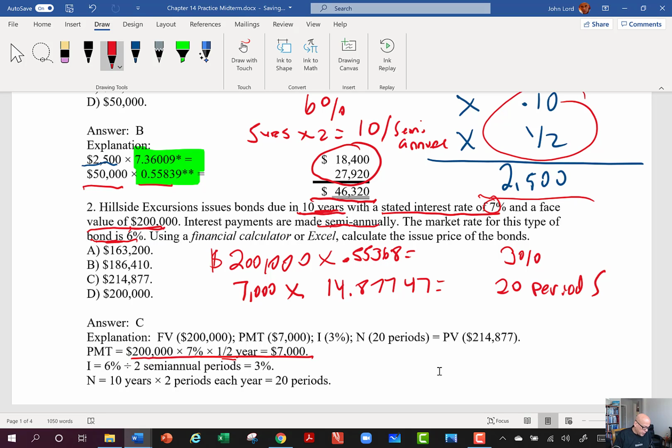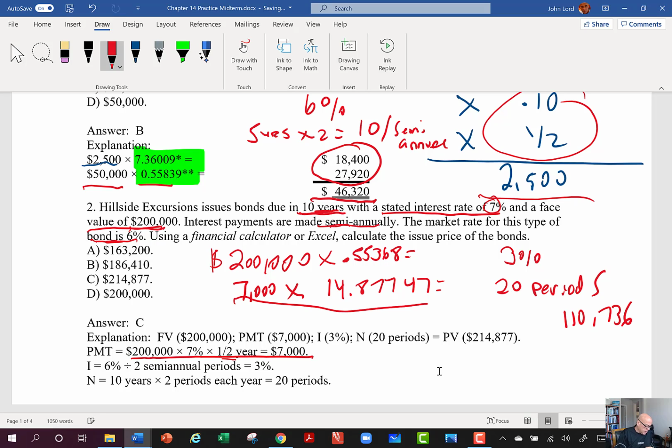When I do, I get my calculator: 200,000 times 0.55368. That gives me 110,736. Okay.